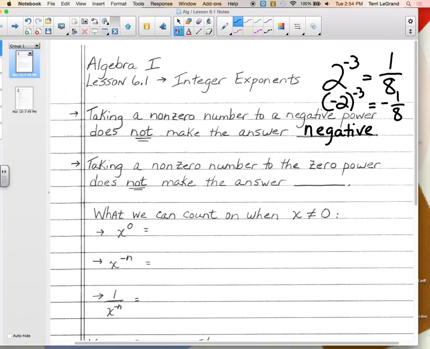So it was the multiplying that created the negative, not the negative power. The negative power made it 1/8, and then -2 times another -2 made it negative. So you can always count on that taking it to a negative power does not make the answer negative.